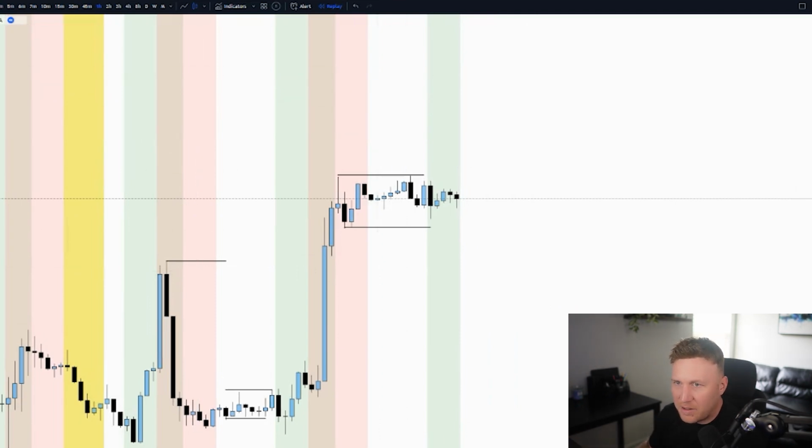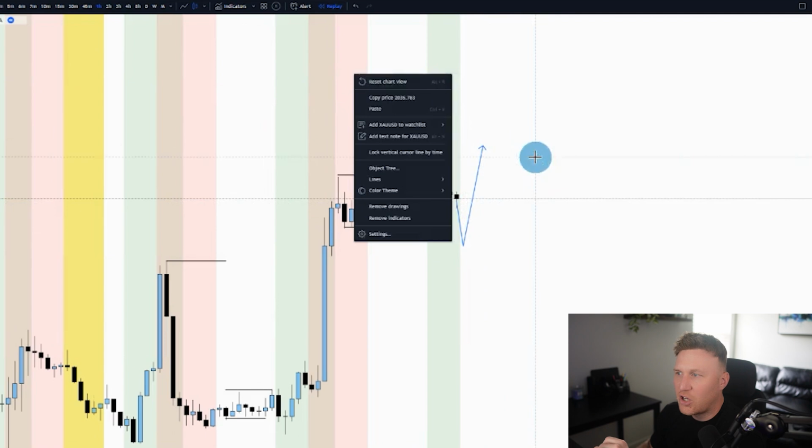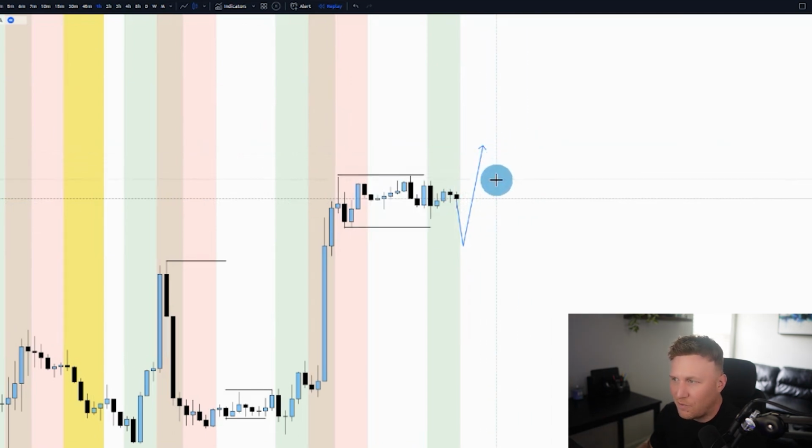When that does happen, that is when I go in and I work out my entries and all of that good stuff. But if I wake up and London has the manipulation candle present and it's doing something like this, that's great. That's usually when we come into the overlap and it's offering entry. And then I would look for a retracement and then the continuation.